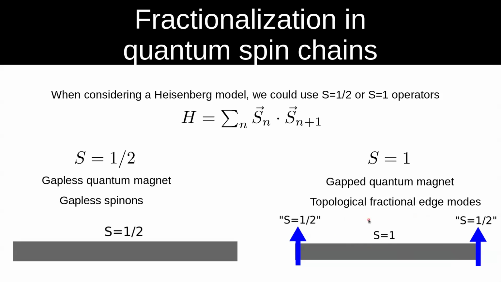This is one of the simplest cases of fractionalization. You start with a particle that is spin 1, and the excitations of the system behave as if they were a fraction of your original particle, in particular a spin 1/2. So we will see how we can actually see this phenomenology by computing observables with tensor networks.